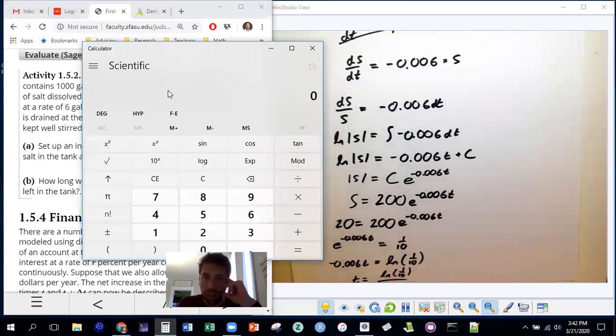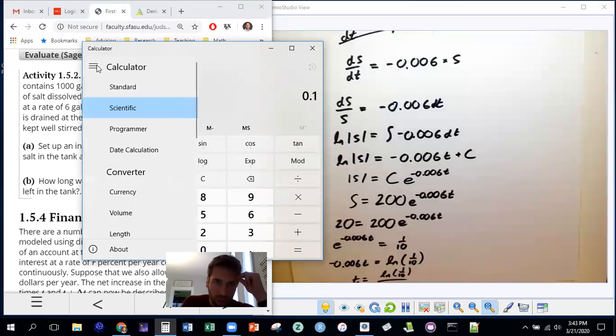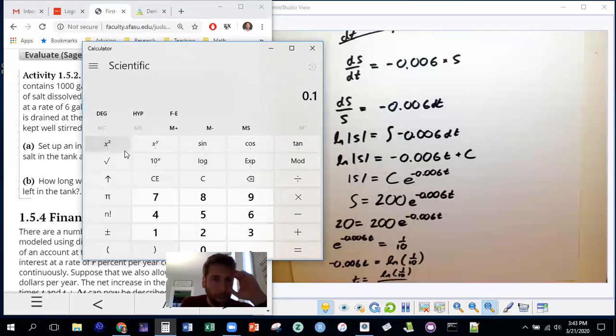So if we pull out our handy dandy calculator, kicking it old school here. 1/10 is 0.1. I can't remember if this is log base 10 or log base e. Let's go, there it is.